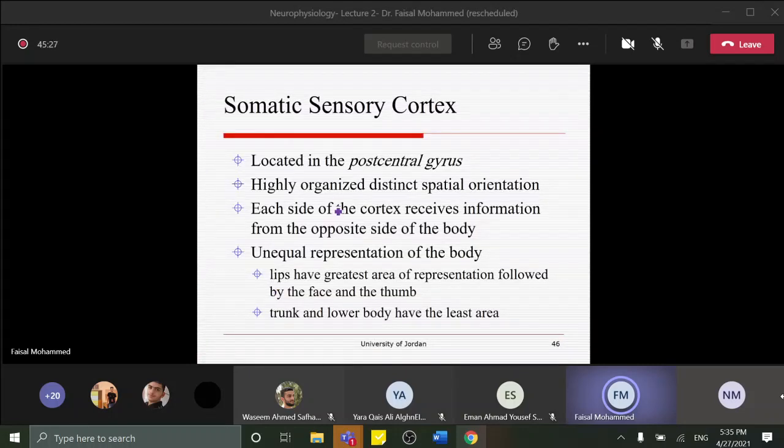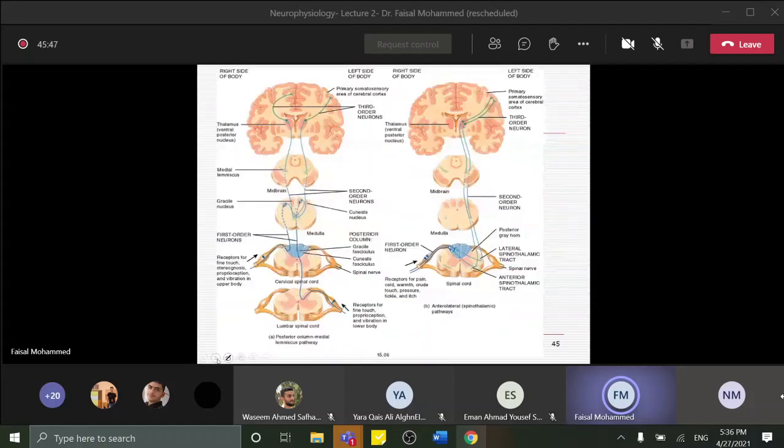Somatic sensory cortex, this is in the postcentral gyrus, we talked about it. The somatosensory cortex is highly spatially organized. Each side receives information from the opposite side of the body, you know that, because there is crossing. Here the crossing is in the medulla.